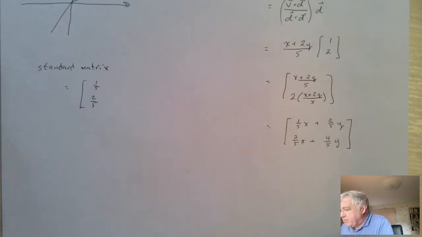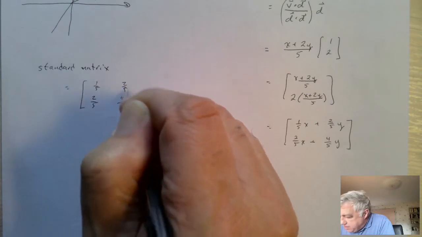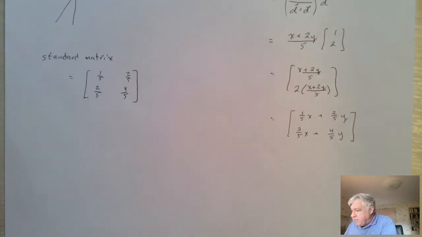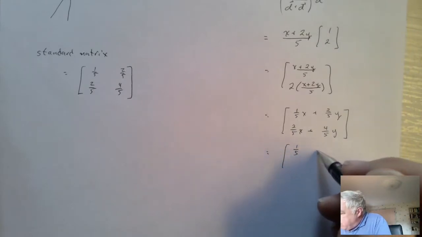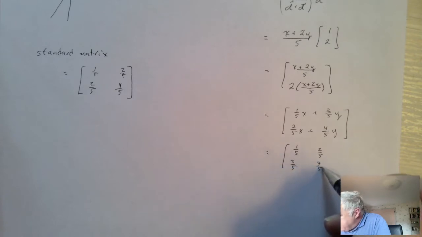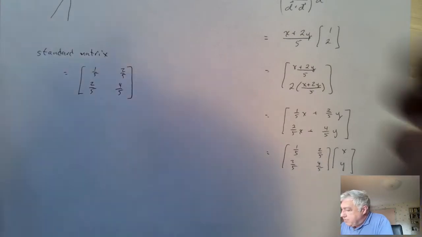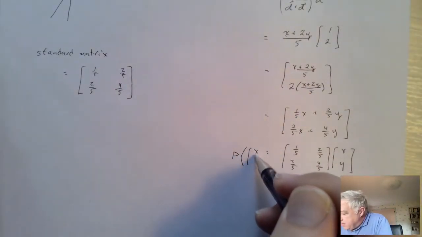Plug in x equals 0, y equals 1, you get 2/5, 4/5. So that's the standard matrix. And sure enough, you can see that this is going to be the matrix 1/5, 2/5, 2/5, 4/5 times (x, y). So this is all equal to P of v, which is P of (x, y).